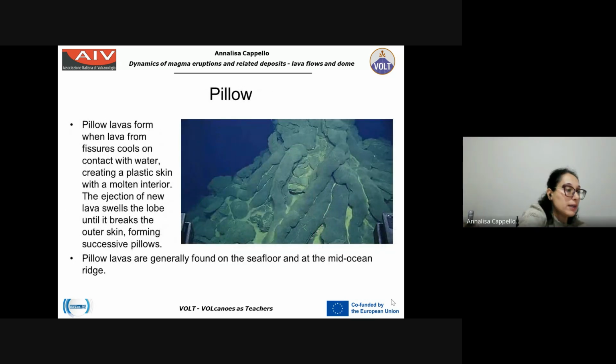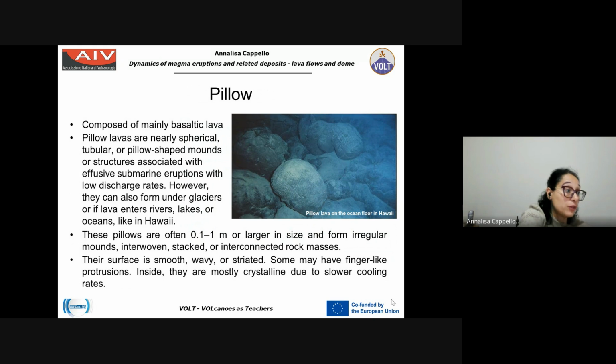No, maybe they are. It depends, because these kinds of eruptions are submarine eruptions. They are not subaerial eruptions with lava flows that go into the sea. This can be another phenomenon.